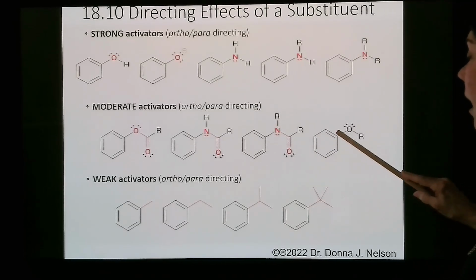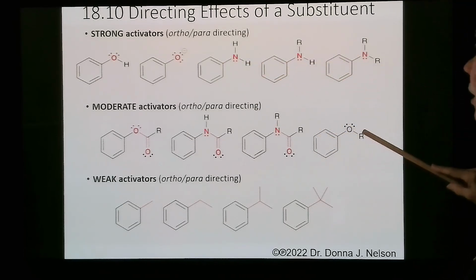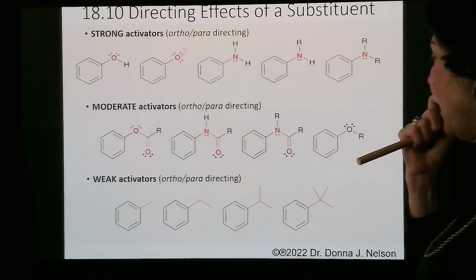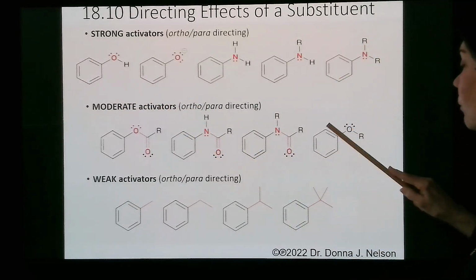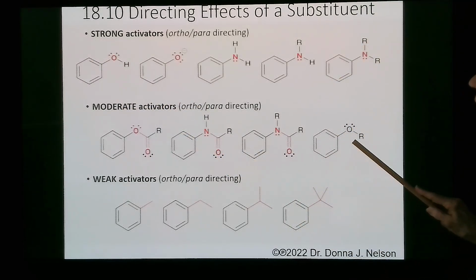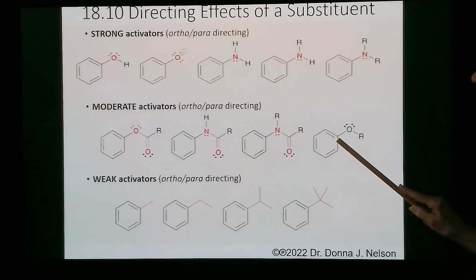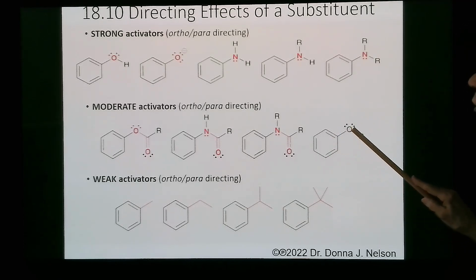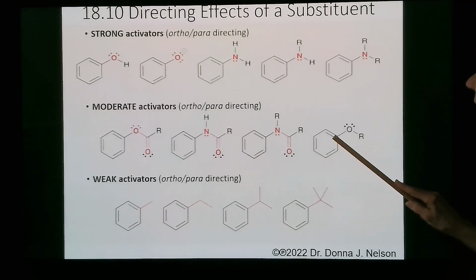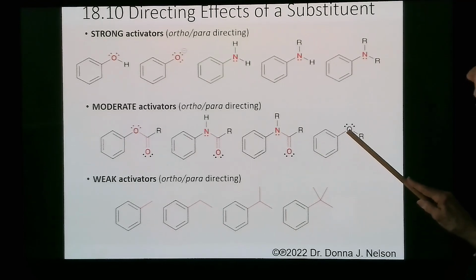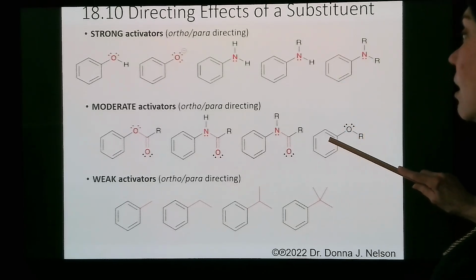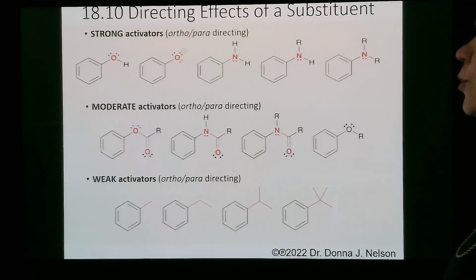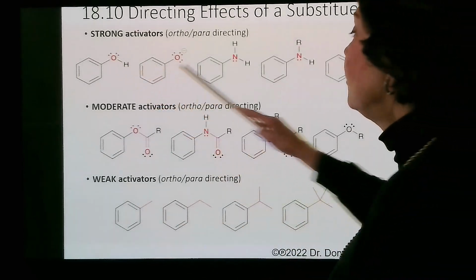This one actually fits this pattern up here, but instead of just having one substituent, this one has two substituents. So in some cases, although this book characterizes this molecule as a moderate activator, I have seen this also categorized as a strong activator, and I actually prefer to put it up here along with the strong activators because that makes it easier to remember this group.